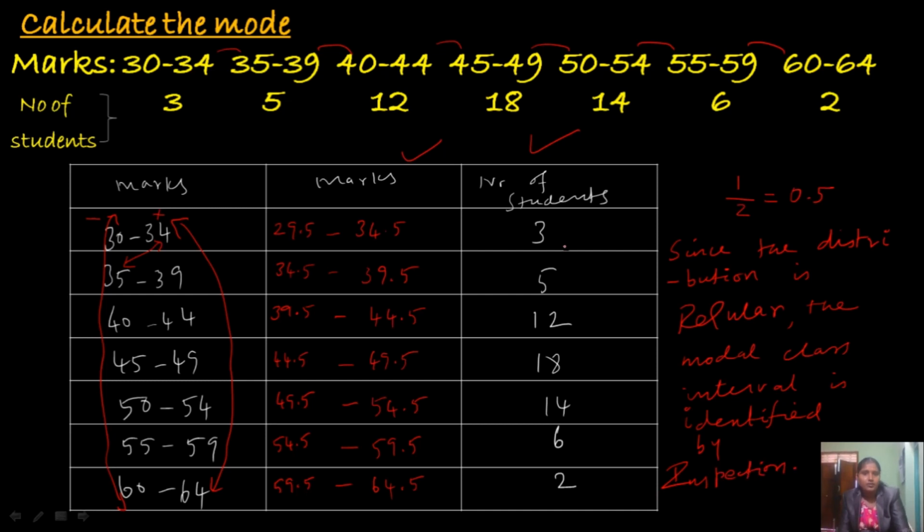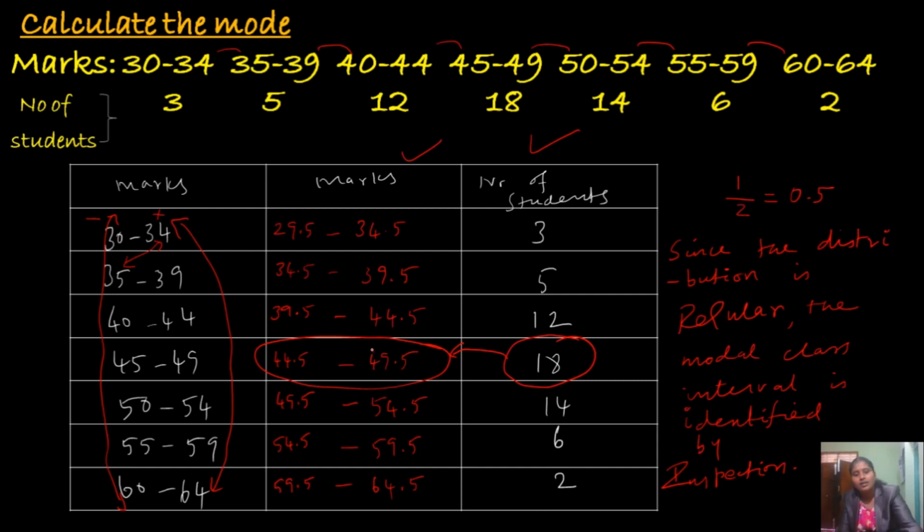Now look at the highest frequency here. 18 is the highest frequency, and its corresponding modal class is 44.5 to 49.5.